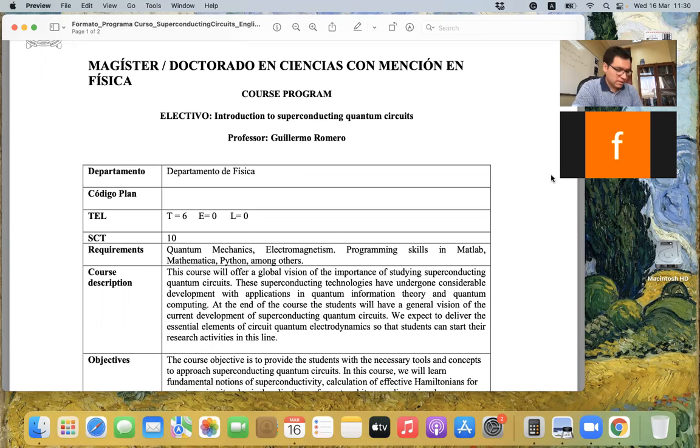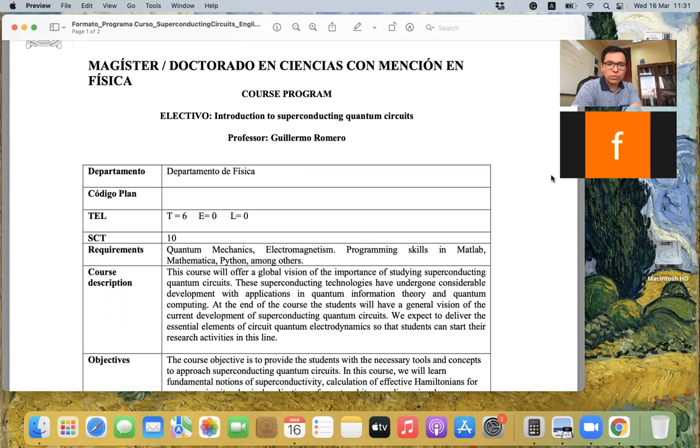Later on, we will introduce one of the important parts of the superconducting circuits, which is the Josephson junctions, because junctions will provide the necessary anharmonicity in our system. And a consequence will be that we will have anharmonic spectrums in the circuit.